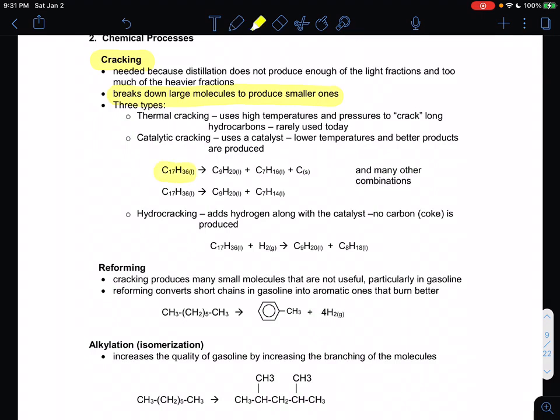Here I have a very long hydrocarbon, 17 carbons long. It basically gets cracked into smaller chains: one that's 9 carbons long, the other one that is 7 carbons long.